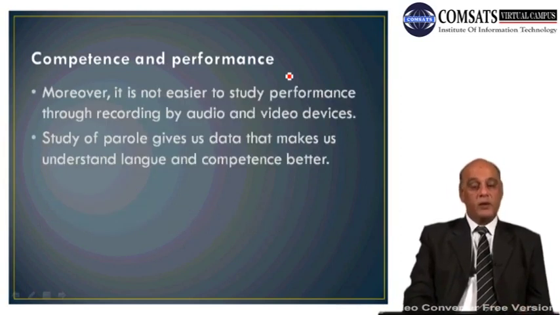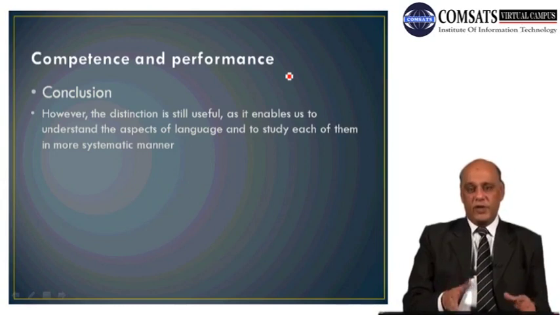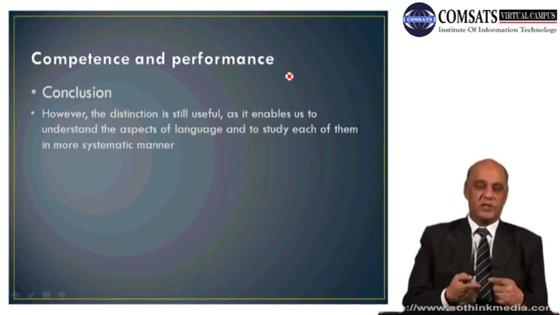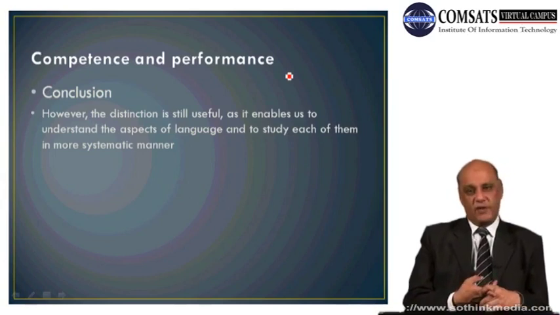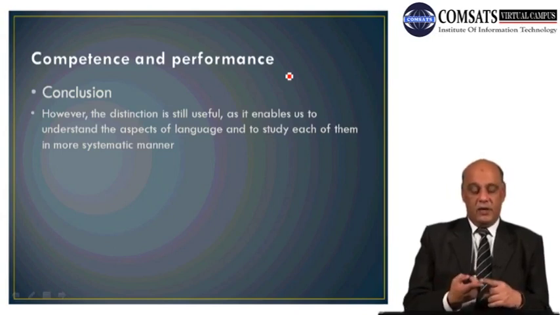So, concluding, we say that language can be studied very systematically if we look at these two very important distinctions given by Ferdinand de Saussure, the Swiss linguist, the father of modern linguistics. Langue and parole: langue is the rules, and parole is what comes out of those rules.